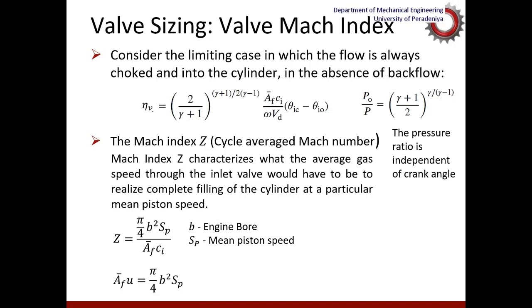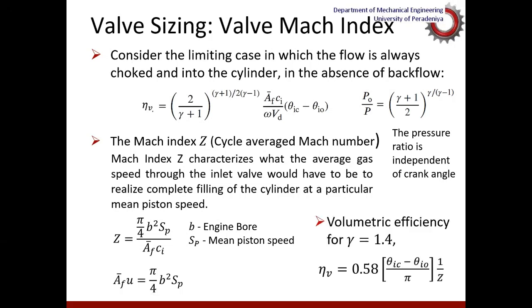So in terms of Z, we can represent the volumetric efficiency. For example, for gamma equals 1.4, this equation becomes eta V equals 0.58 into theta inlet valve closing timing minus inlet valve open timing divided by pi, times 1 upon Z. So that is the volumetric efficiency.